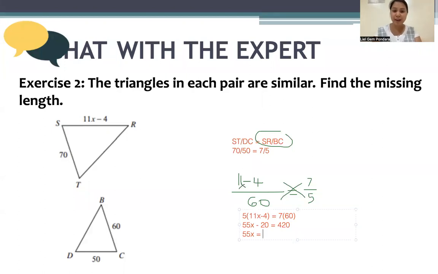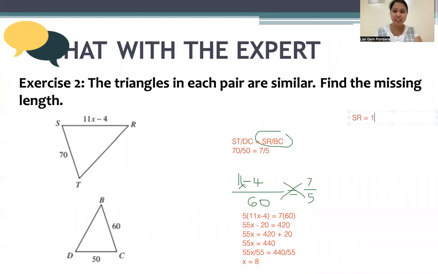We transfer -20 to the other side. So we have 55x equals 420 plus 20. So we now have 440 on the right-hand side. We divide both sides by 55. So our x is equal to 8. If you want to check what is the missing length, because we are not looking only for the variable, we will substitute.